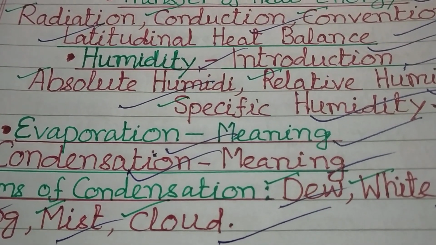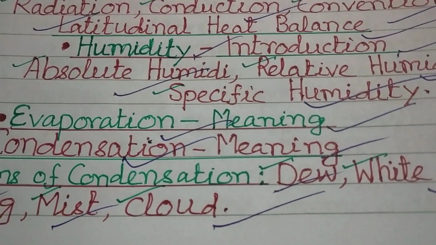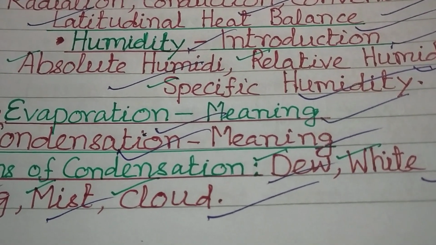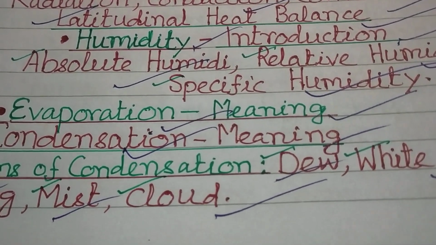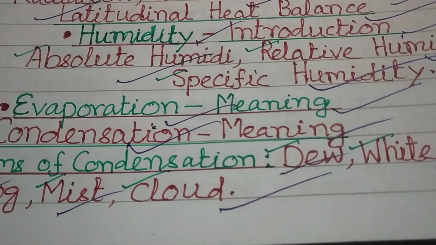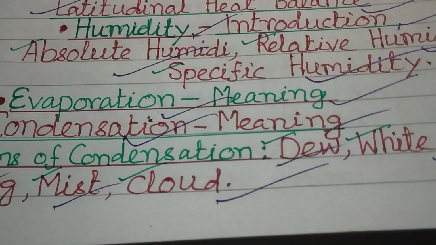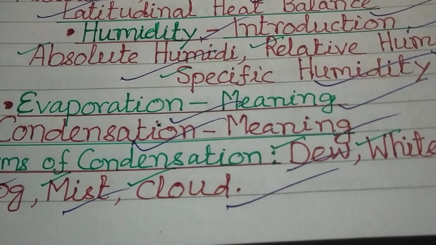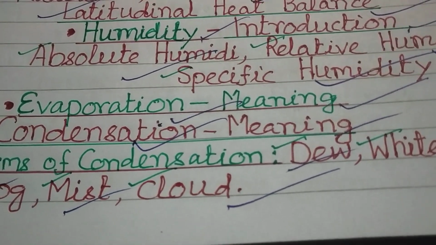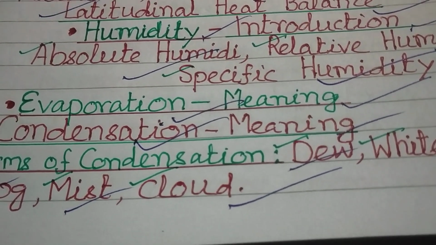Fog is defined as a cloud with its base at or very near the ground. Fogs are of different kinds depending upon the nature of the cooling process. Radiation fog results from radiation cooling of the ground and adjacent air. These fogs are not very thick.